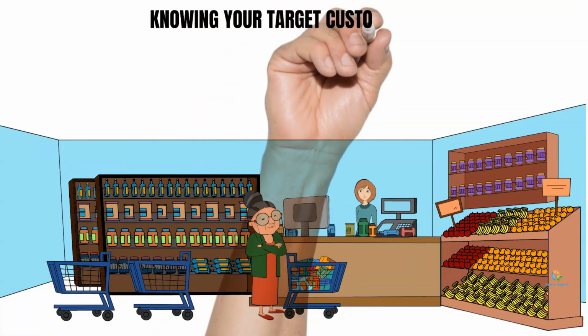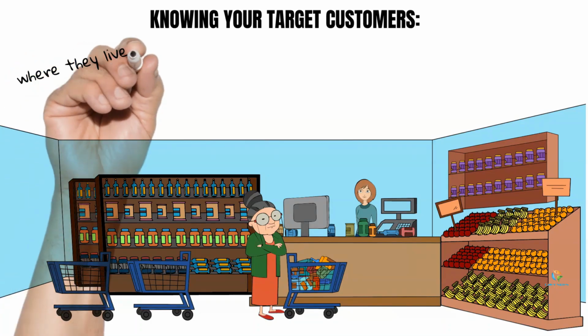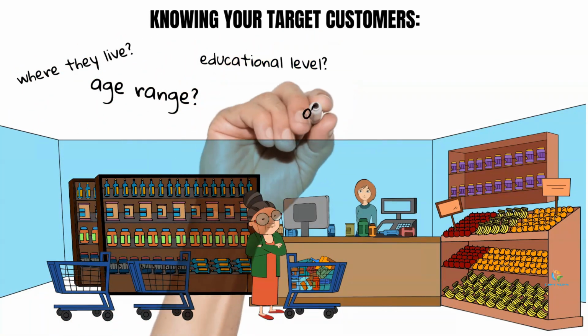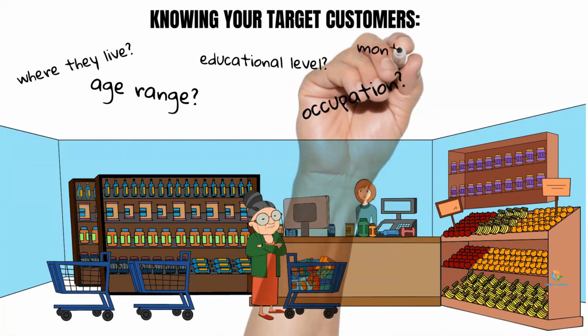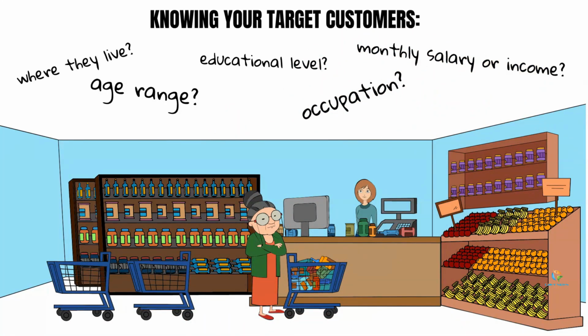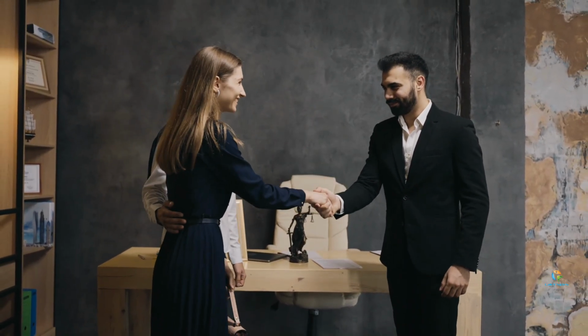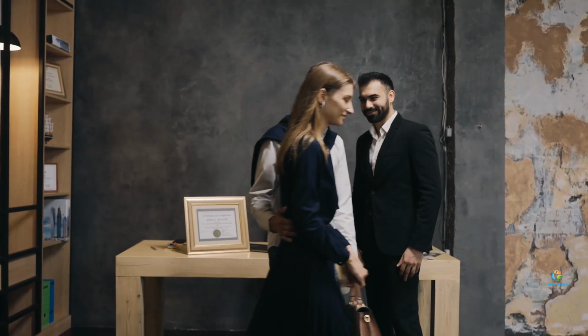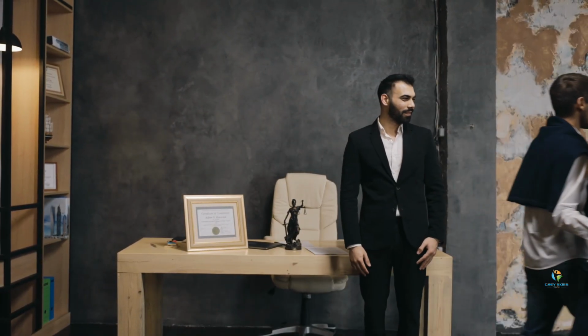You'll want to include things like where they live, their age range, their education level, where they work, how much they earn, and etc. This information will vary based on what you're selling, but you should be specific enough that it's clear who you're trying to reach, and more importantly, why you've made the choices based on who your customers are and what they value.